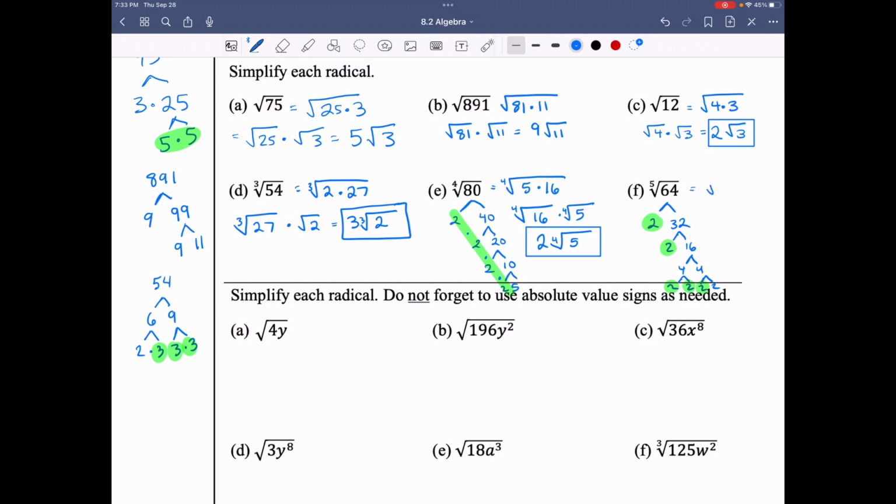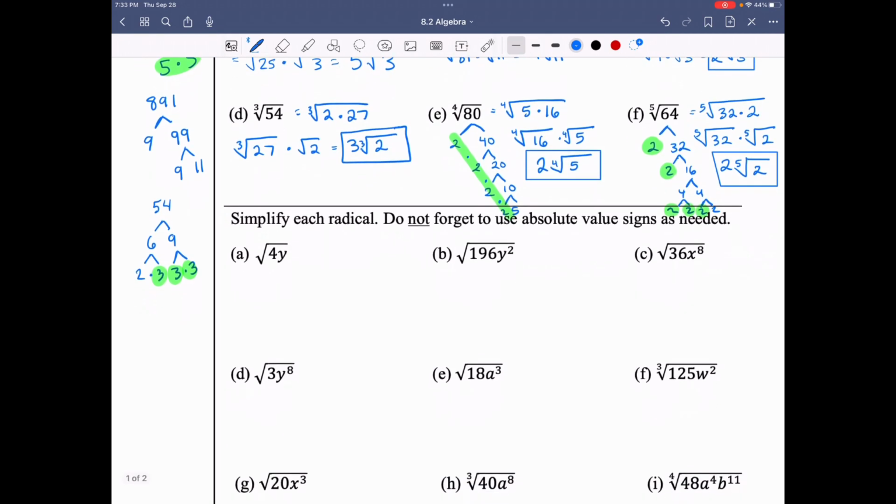So this is equal to 32 times 2, the fifth root. So the fifth root of 32 times the fifth root of 2, and this becomes 2 fifth roots of 2. So you don't always have to make a factor tree, and you don't always have to write the second step. I'm just doing that to show you the process here.